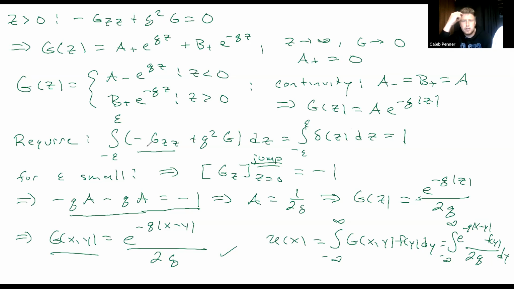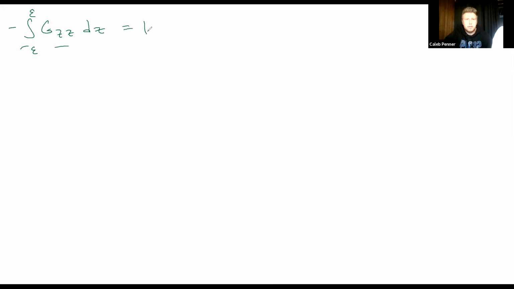Right. Yeah, so I'm going to write that on the next slide here. I can unpack this a bit better. So if we do this, if you're okay with that, the G part's going to go away because it's continuous. This part is not continuous. We know that this needs to equal 1. I followed. That was the part that was screwing me up, was G went away, so we were just dealing with g sub zz integrated.